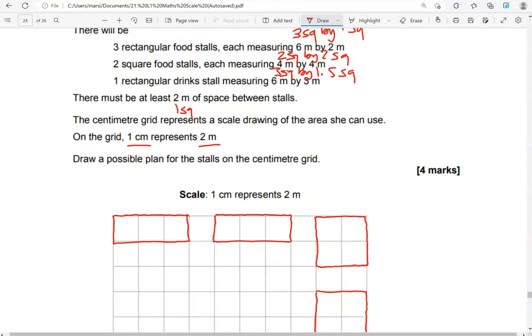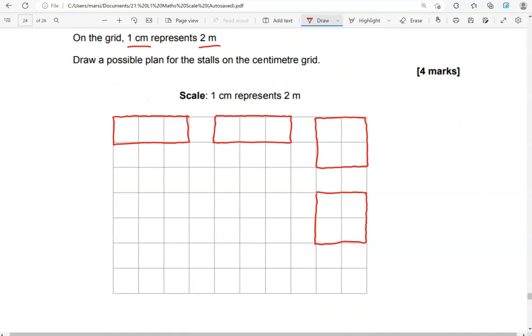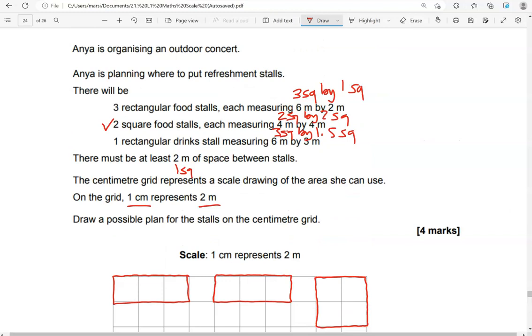So we've done these 2. We need 1 more rectangular food stall, which I'm gonna do here. So we've done the rectangular food stalls as well.